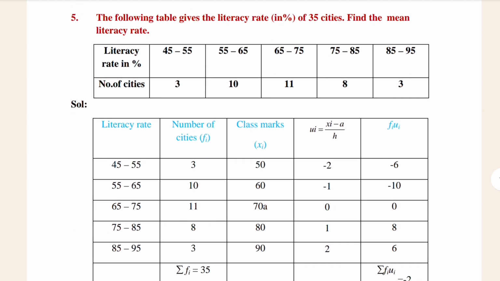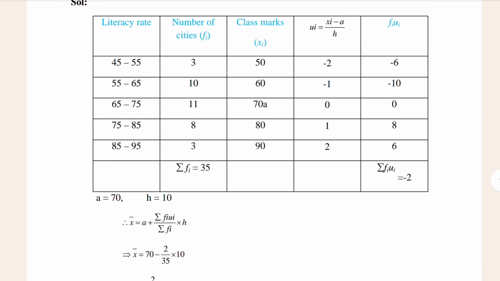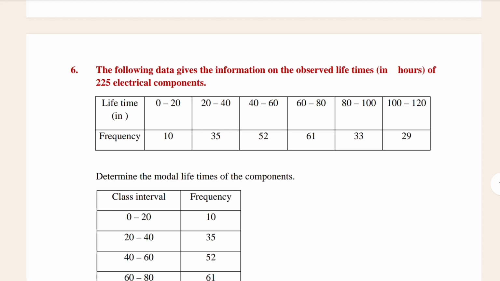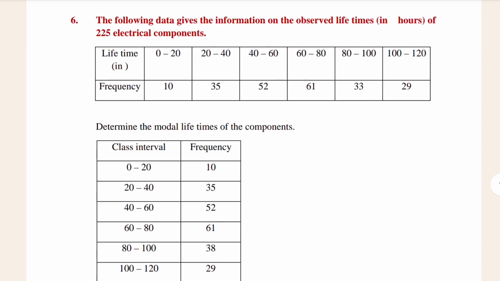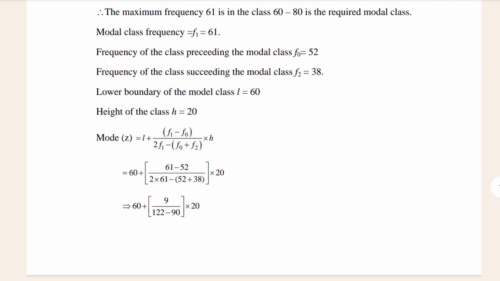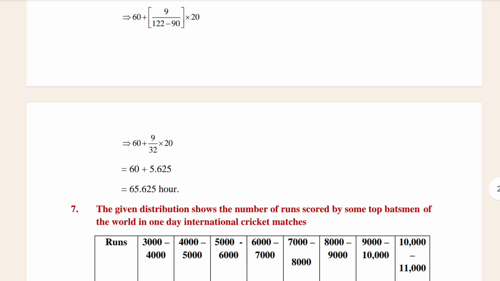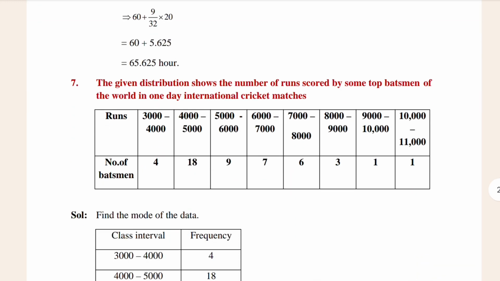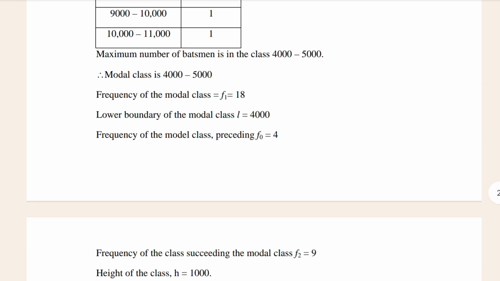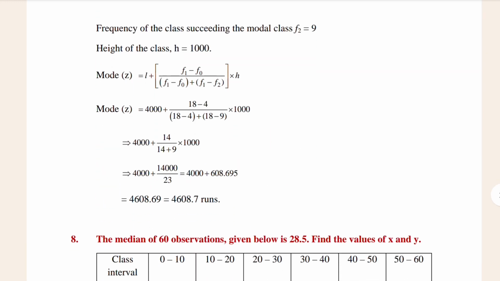Next, fifth one you can see, the following table gives the literacy rate. Is it clear? Sixth one also you can see, the following data gives the information of the observations. Here you can see. Then seventh, and here find the mode of the data, not mood.